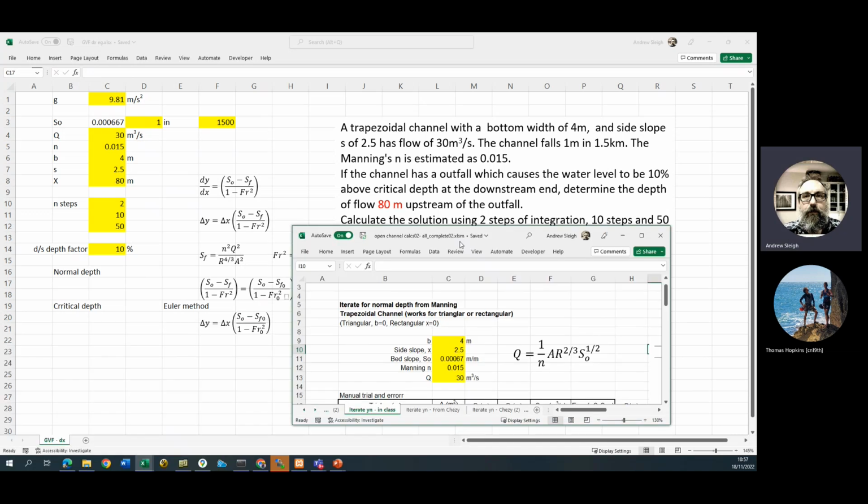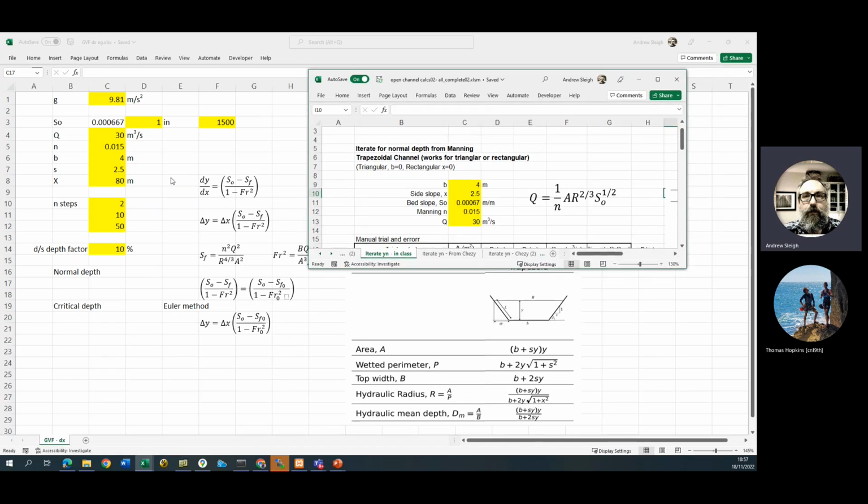Here's my spreadsheet, in which I'm going to enter my values of Q of 30, n of 0.015, B of 4, side slope of 2.5, and the bed slope.